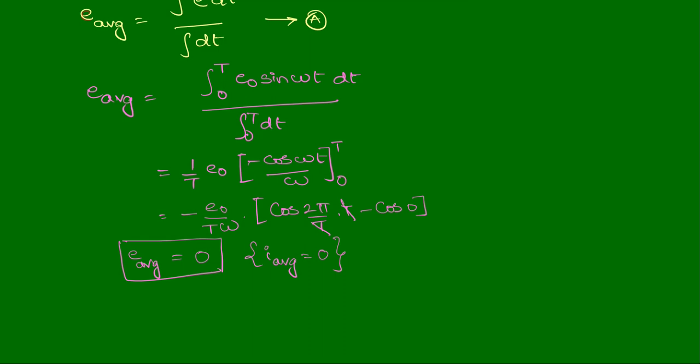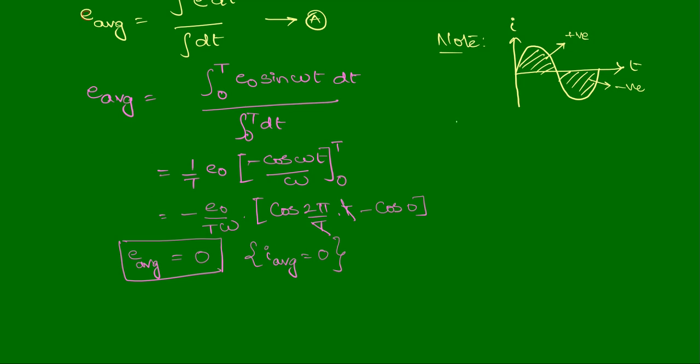Why this happens, just look at this note I'll give you here. If we have a graph between current and time, the area under the graph represents charge. Above the x-axis we take it as positive, below the x-axis we take it as negative, so that the net charge will be positive here and net charge will be negative here.